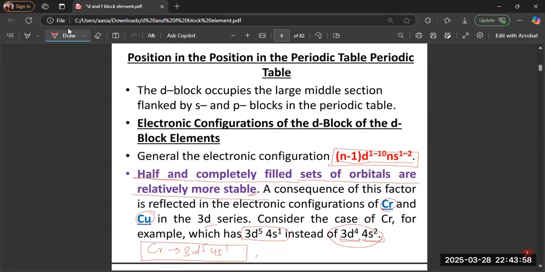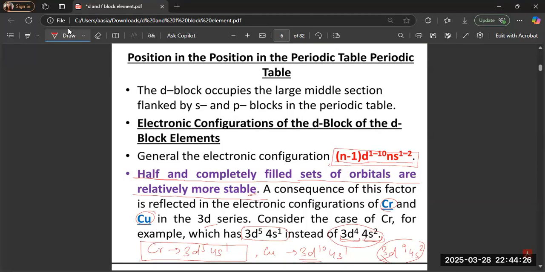Similarly, for copper, what will be the electronic configuration? If I say 3d9 and 4s2, right? But instead of this configuration, copper shows 3d10 4s1, because either half-filled or completely filled sets of orbitals are relatively more stable.